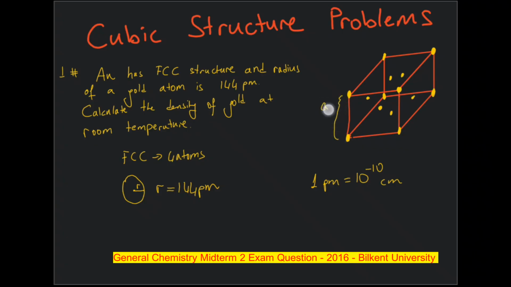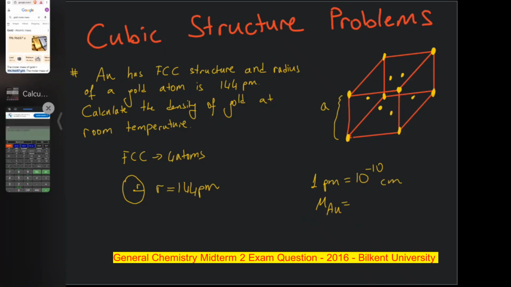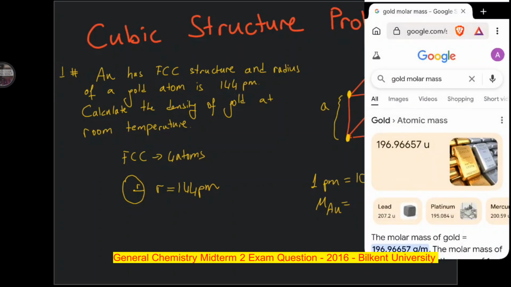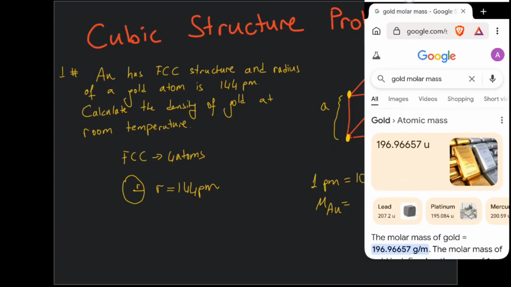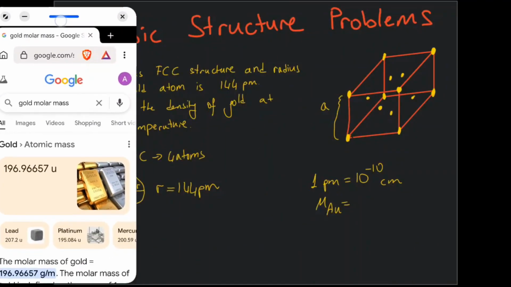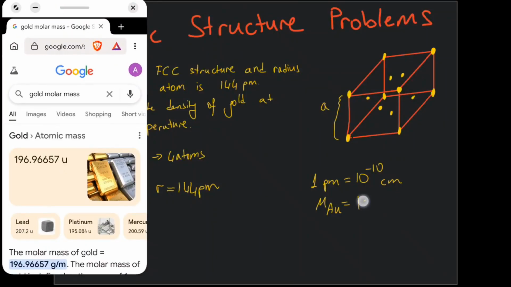We have to know the length of the cube of a gold atom. And we also have to know the molar mass of gold, which is not given in the problem, and we can look it up. The molar mass of the gold atom is 196.967 gram per mole.